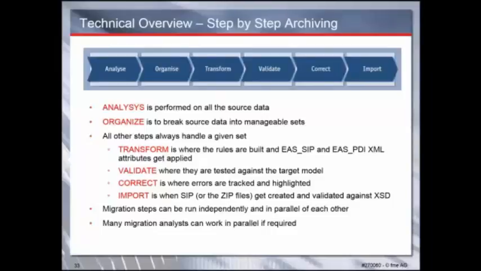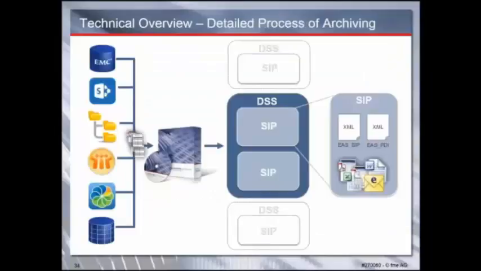And then the transformation rules is where we generate those XMLs, the InfoArchive artifacts. We validate it, we do some error corrections if we need to, and then we generate the packages that the ingestion process needs. So we can go to the next slide.